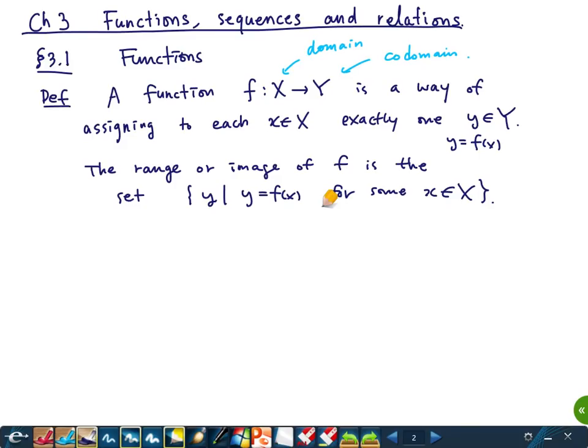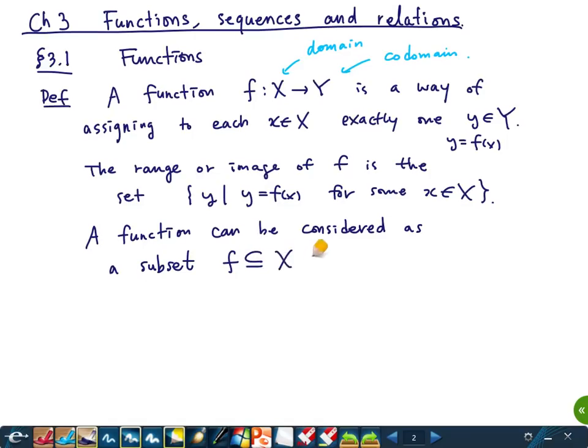But we can also consider a function as a subset of the Cartesian product. So sometimes we will think of this as a subset. So f is a subset of x product y.